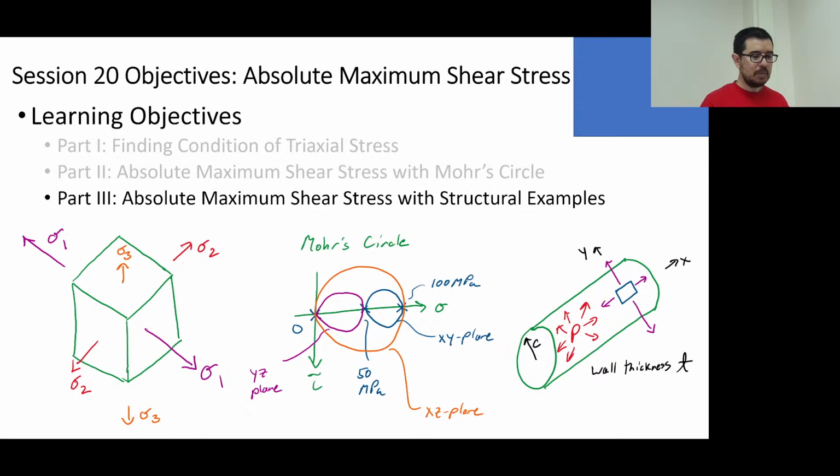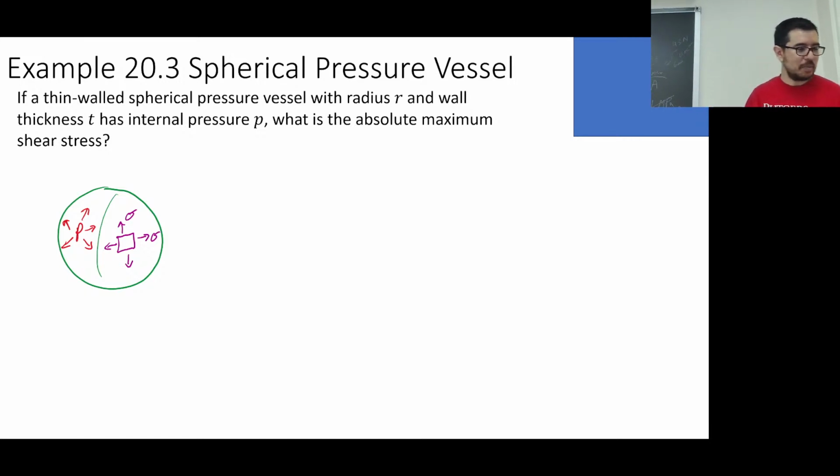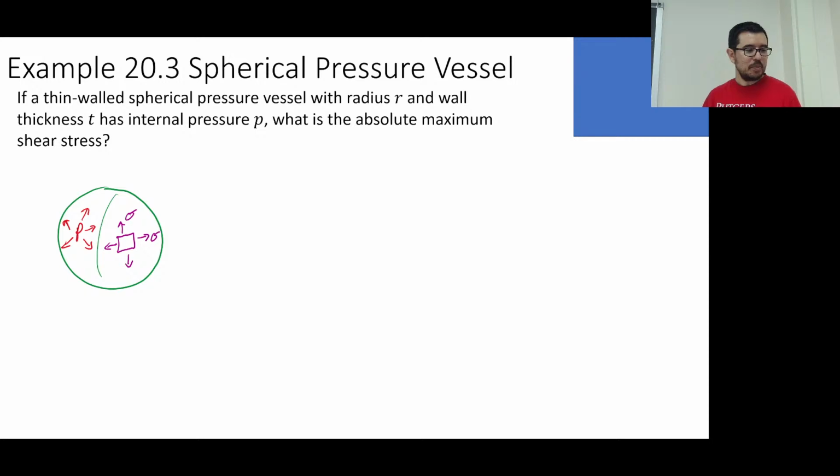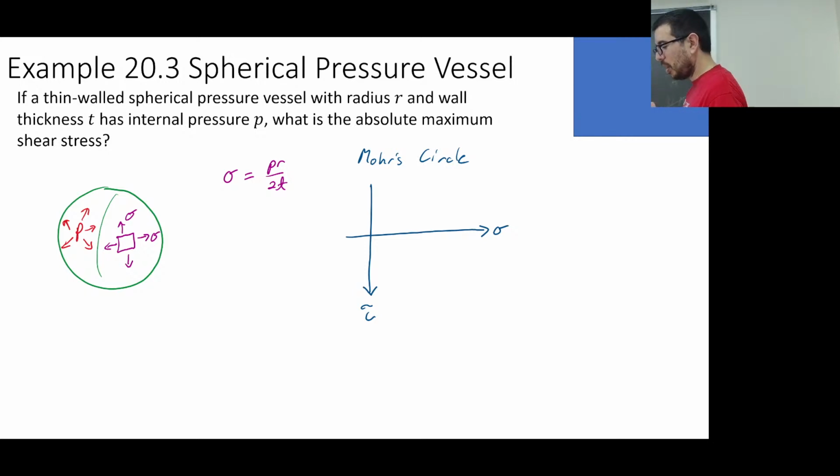So this is supposed to be with some structural examples. Remember we talked about the sphere yesterday? I guess I already spoiled this problem. If it's a sphere, we said that sigma 1, sigma 2, whatever, are going to be represented by a point.